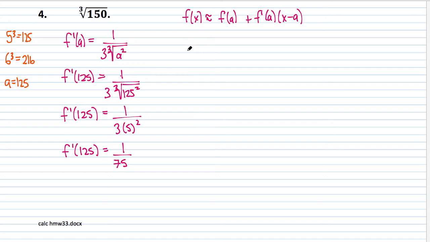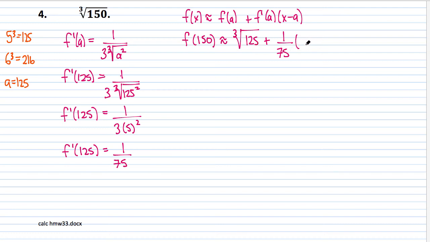So now we go back to our approximation. We have f of 150, which is what cube root we're approximating, is approximately the cube root of our a value we chose, 125, because it's the closest perfect cube, plus our derivative at a, so that's 1/75, times the difference between our x and our a.